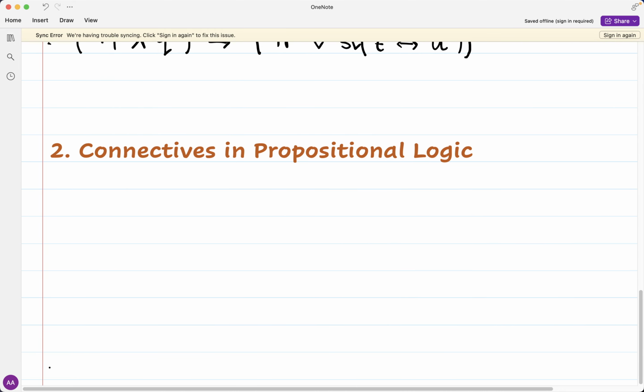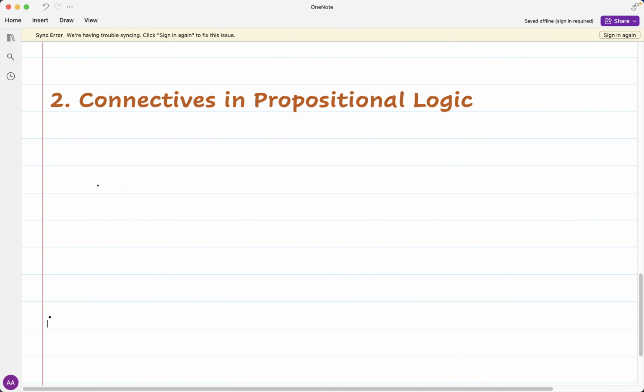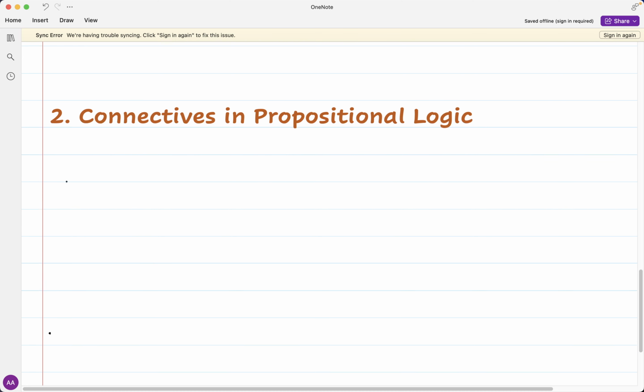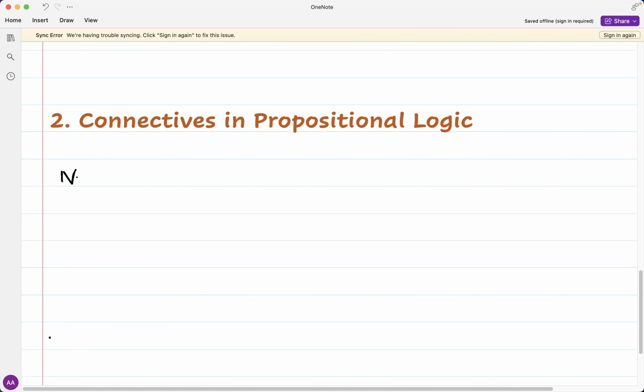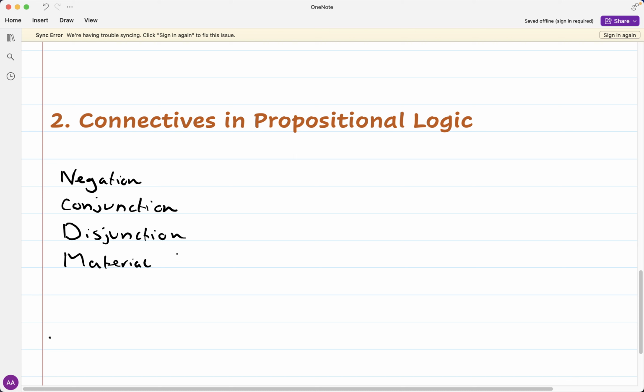So let's just remember back to the previous lesson. We have connectives, logical connectives, and there are 5 of them. We have the negation, we have the conjunction, we have the disjunction, we have the material implication, and then we have the material equivalence.